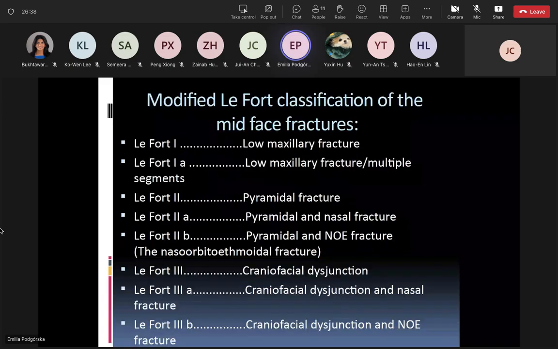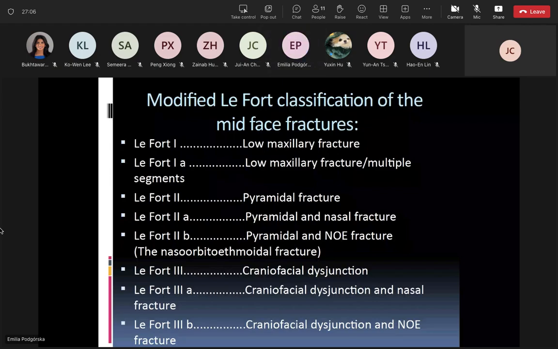We also have modified classification of the midface fractures. Level 1, low maxillary fracture. Level 1A, low maxillary fracture but with multiple segments. Level 2, pyramidal fracture. Level 2A, pyramidal and nasal fracture.